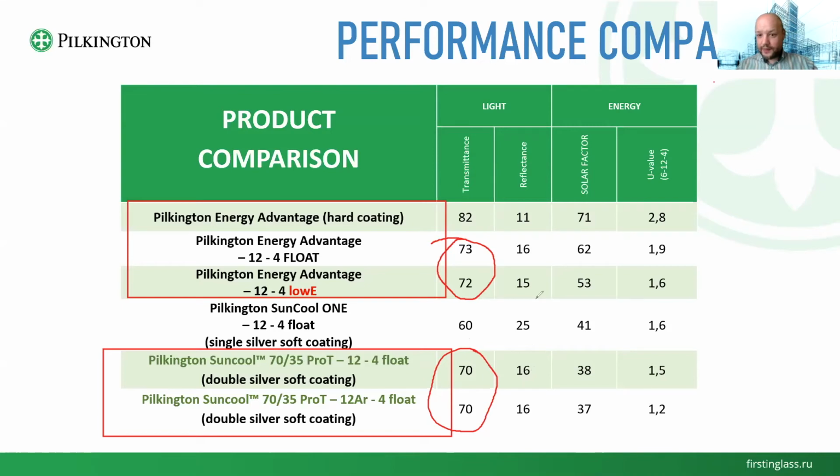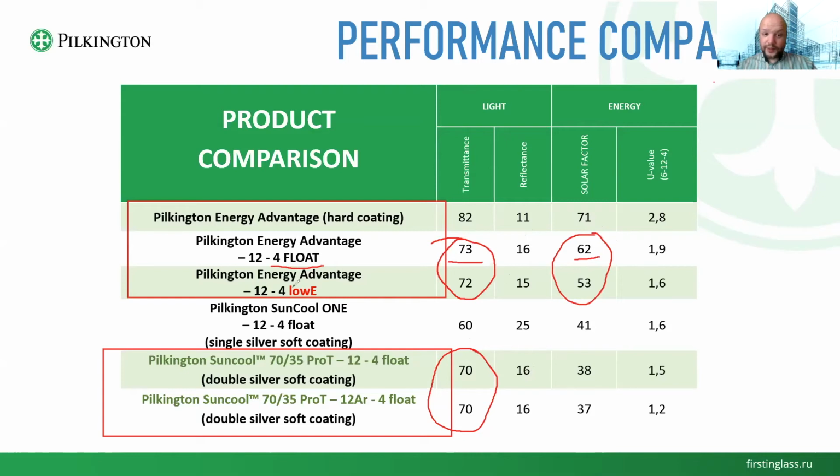Light reflection of them is almost the same. But when we arrive at the energy parameters, let us see the solar factor. At first, when you're using hard coated glass paired with an ordinary float, you have certain parameters. Are they good? Not that much.